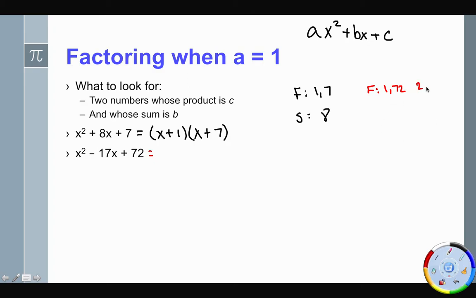We have 2 and 36. Again, the sum there is 38. That's not quite there. We have 3 and 24. No, that sum is 27, so that doesn't work. Let's try 4 and 18.